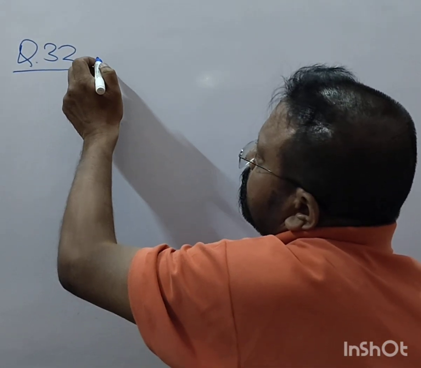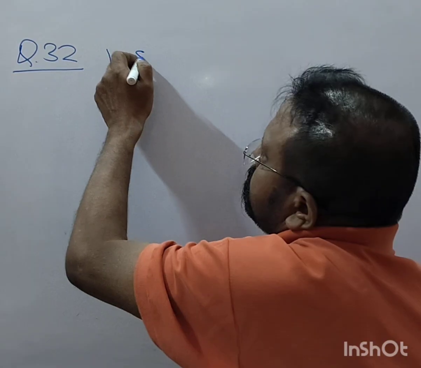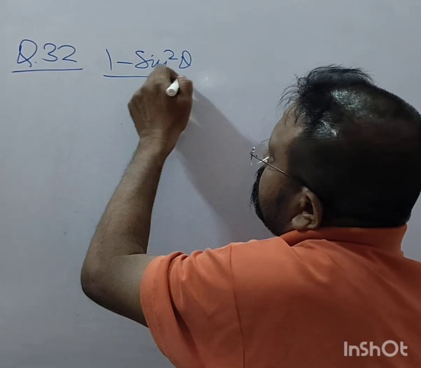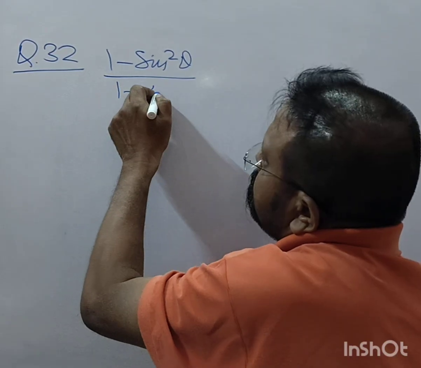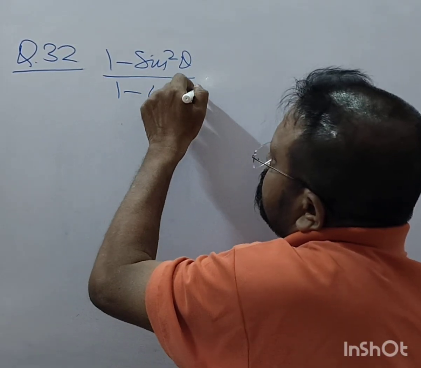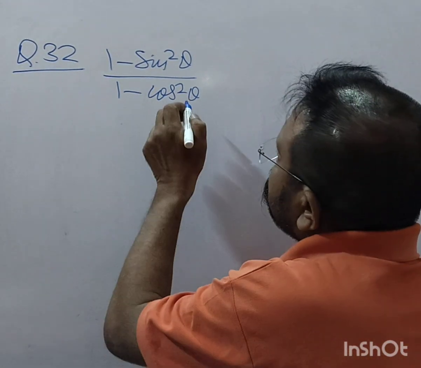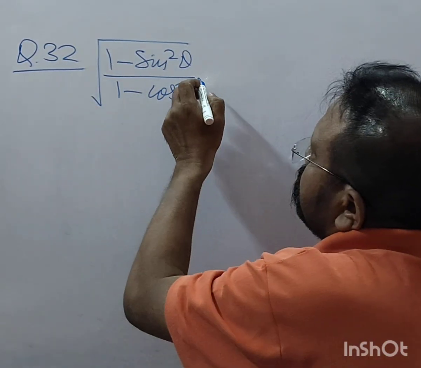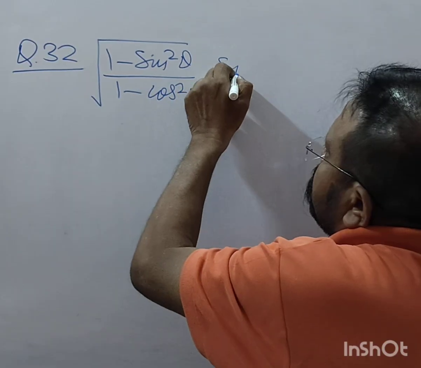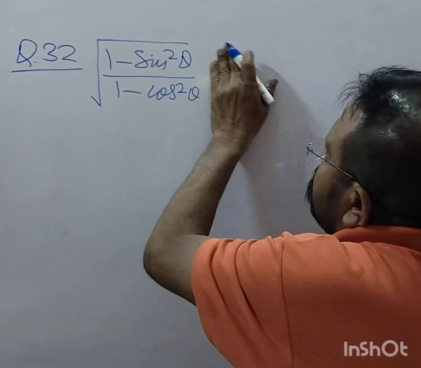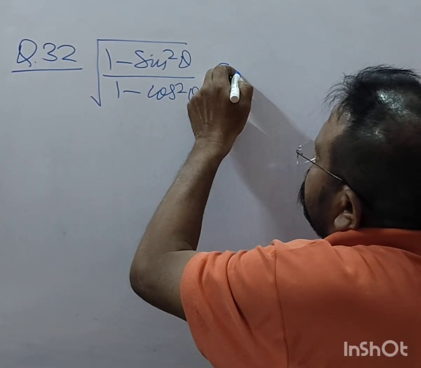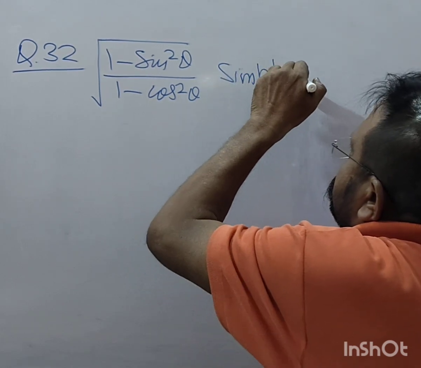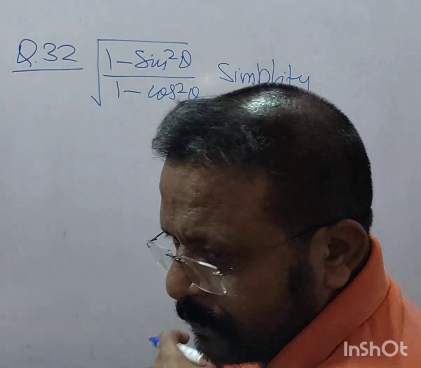Square root of 1 minus sin square theta upon 1 minus cos square theta. Simplify.